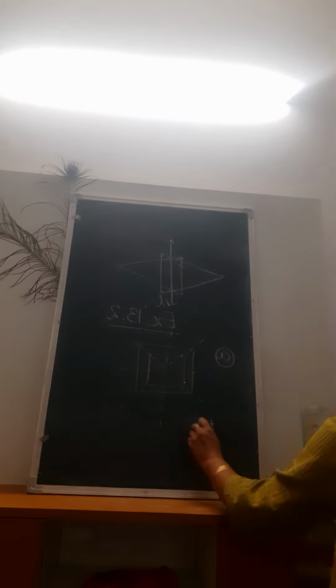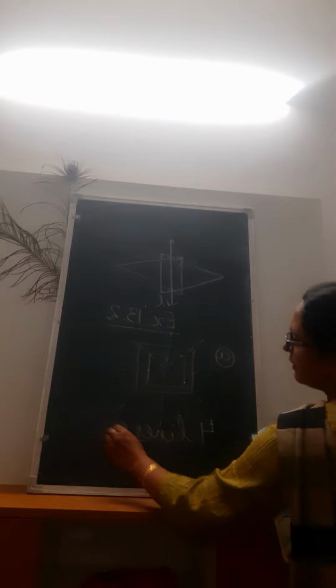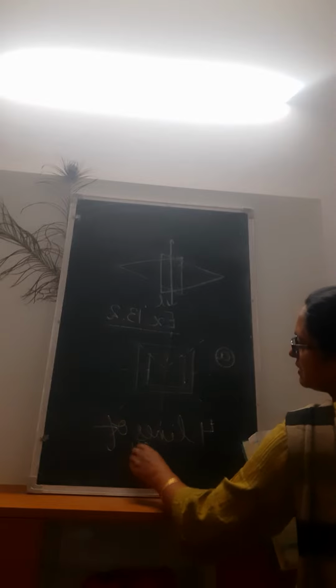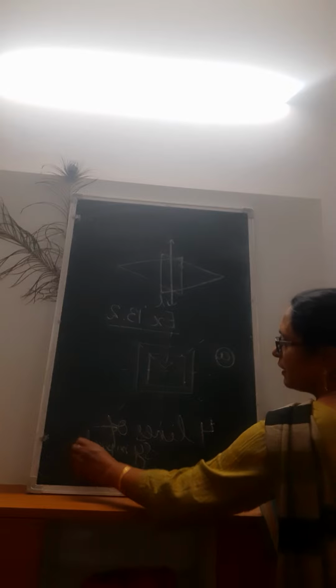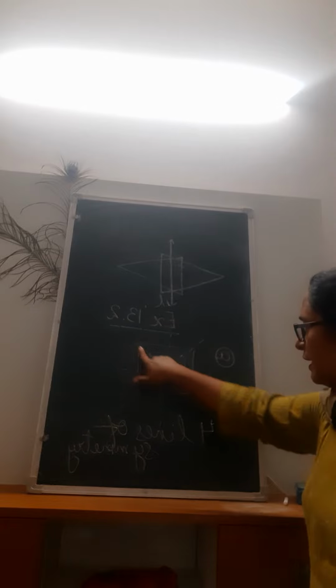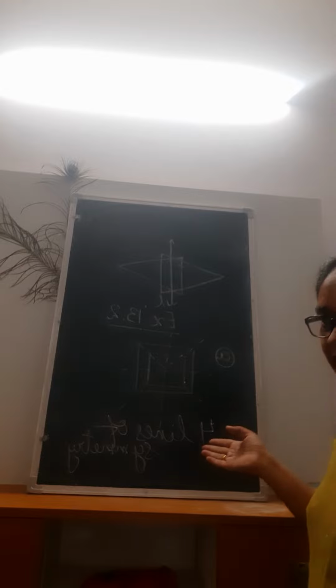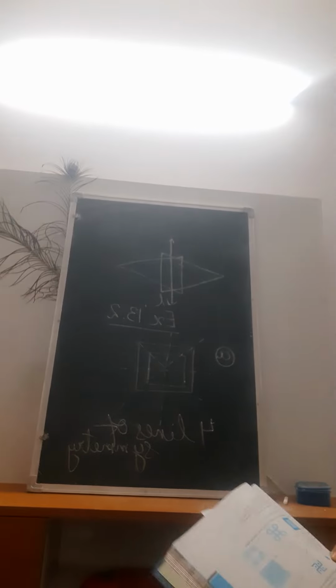So in total, how many lines of symmetry does this figure have? 4 lines of symmetry. Vaishnavi, have you understood? Yes, ma'am. Okay, so first line of symmetry, second, third, and fourth. So in a square, how many lines of symmetry do we have? 4. Now next, I am showing you.